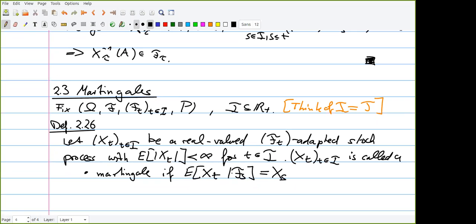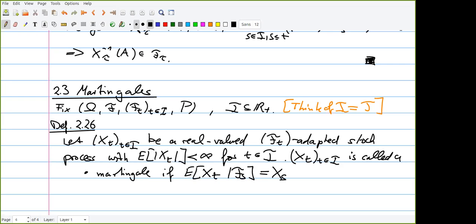If we are at time s, so we have the information at time s, and we want to make the prediction of X_t given this information, well, this is the current state of the process, namely X_s. So in terms of a price process, with a martingale this means the expectation of the future price at time t is exactly the current price at time s.